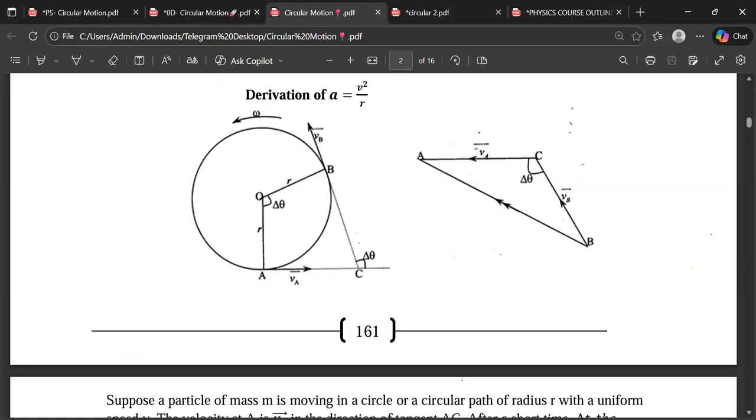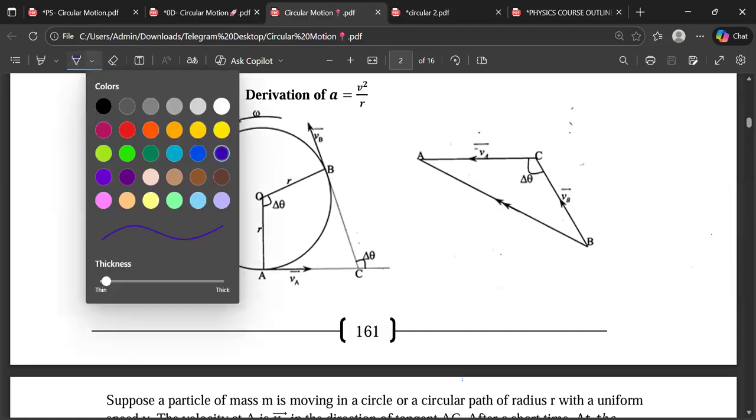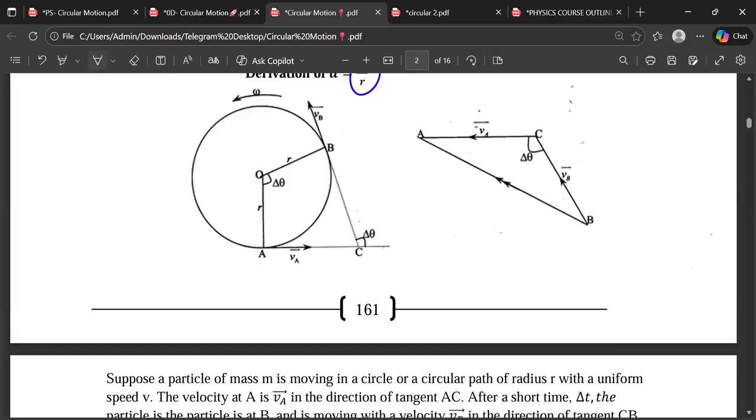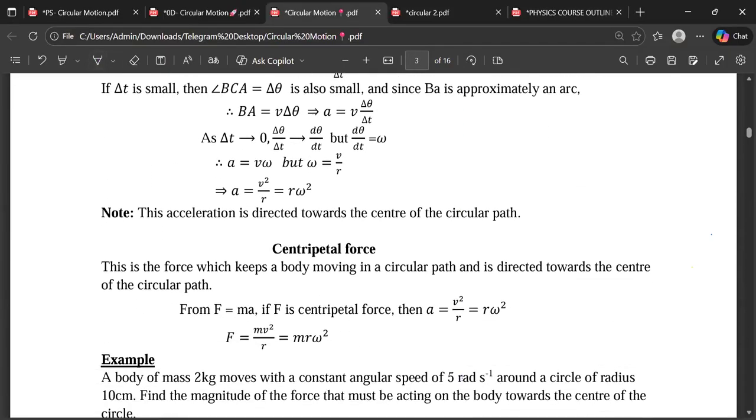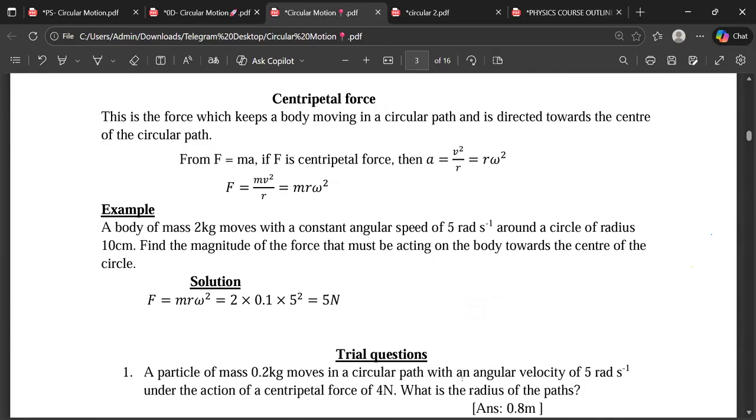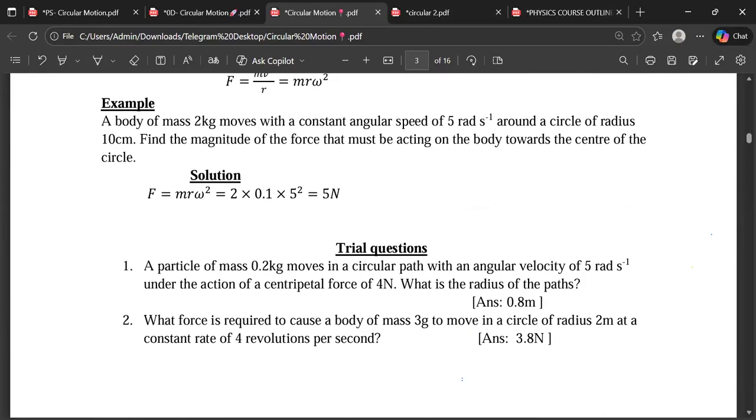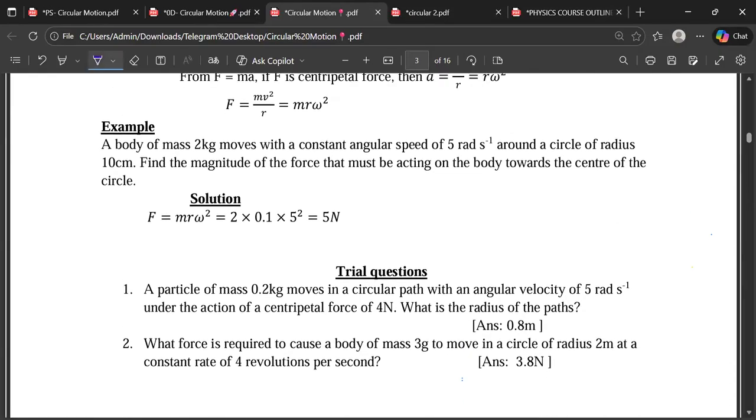So even here they talked of the derivation of V squared over R, and they got our answers. They also talked about centripetal force. I think you can see here. So this is what I was asking. I think it was Justus. They asked directly the magnitude of force.